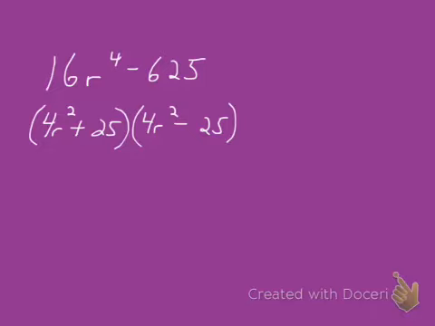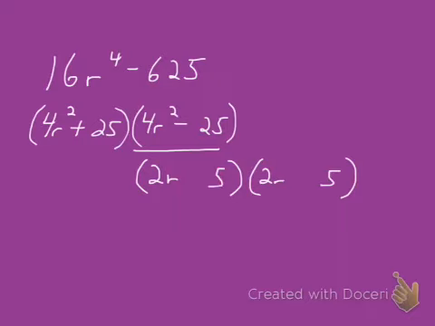But in this case, I'm not done, because if you look here, I've got the difference of two squares again. So that means you need to take this one further and break this down into 2r times 2r to give you 4r squared, and 5 times 5 to give you 25.